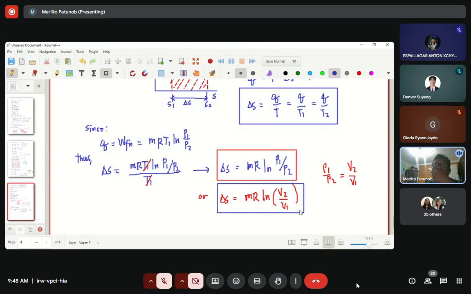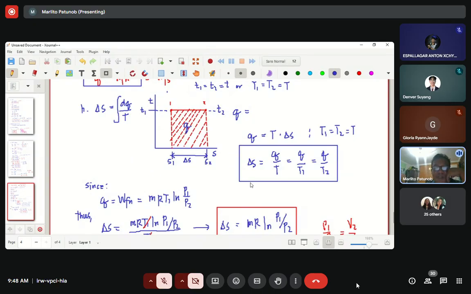Or you can always do it with integration, no? Delta S is dq over T, and dq is the work non flow, so it goes back to the same. So I'll just prove it without using the integration, by simply looking at the TS diagram, where the area is length times width, no?